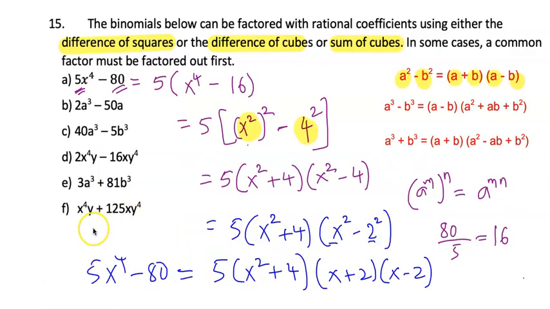Now we have x to the power of 4 y plus 125 x y to the fourth power. X to the power of 4 times y plus 125 x y to the fourth power.